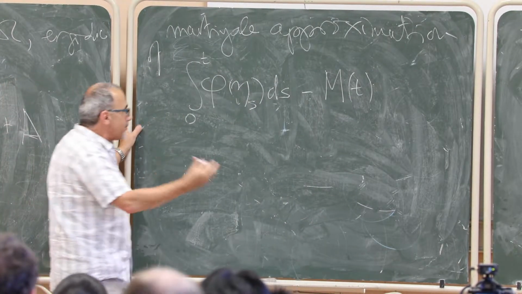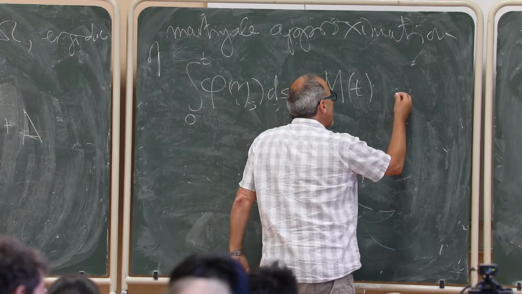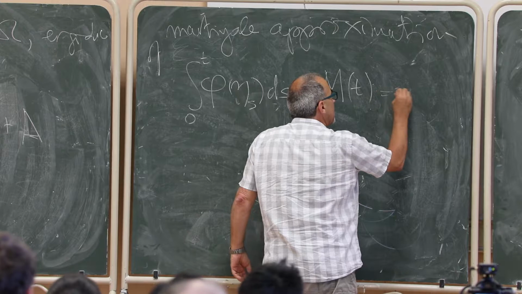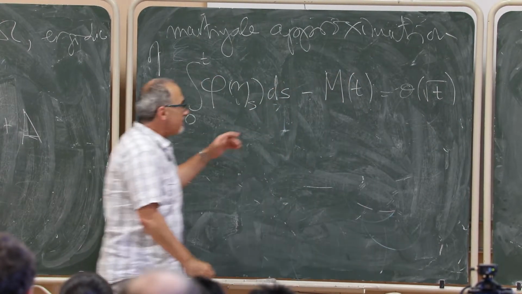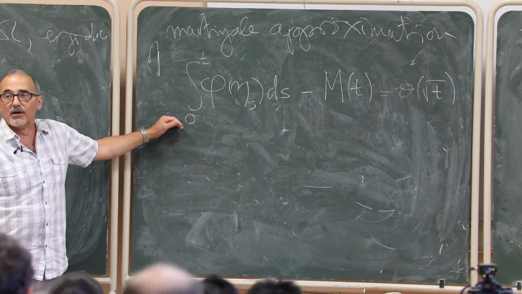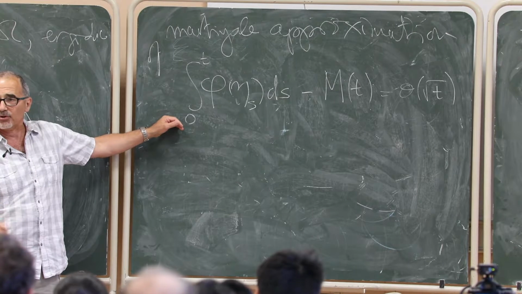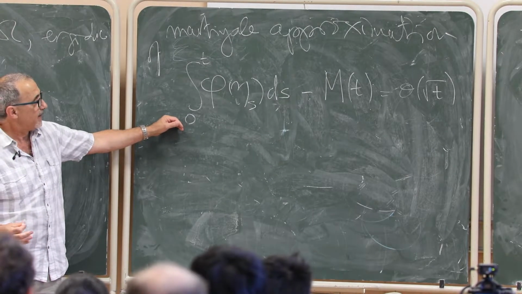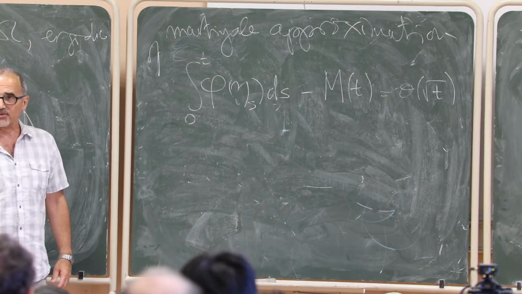I write small o of square root of t, and by this I mean that the difference divided by square root of t converges in L2 to 0. So this is the good Martingale approximation we want.